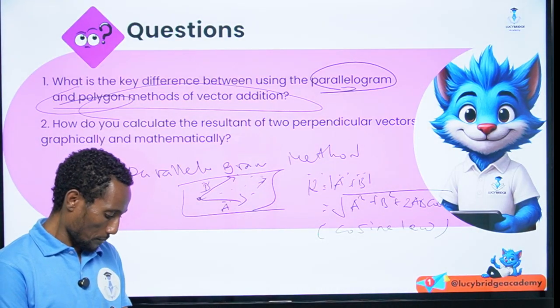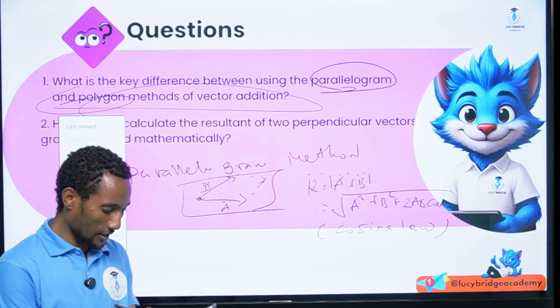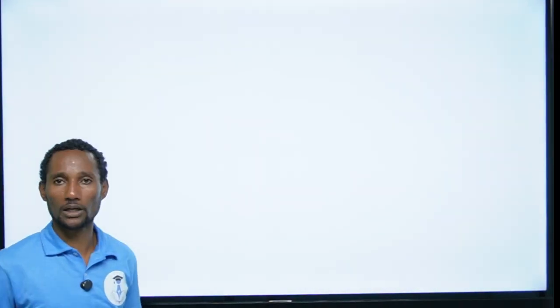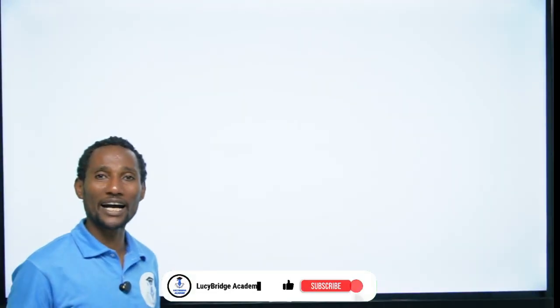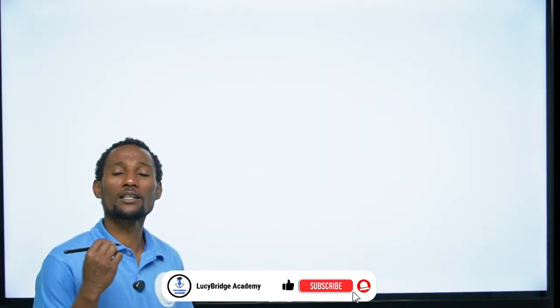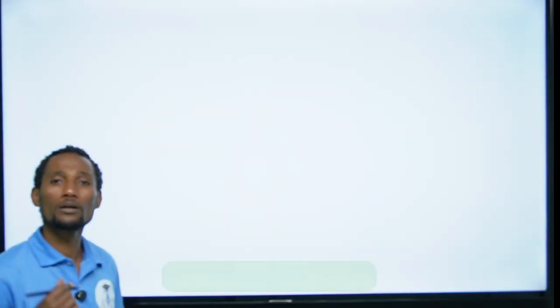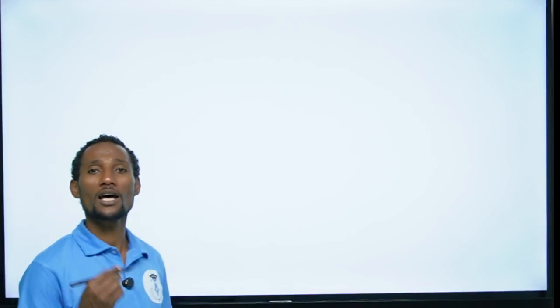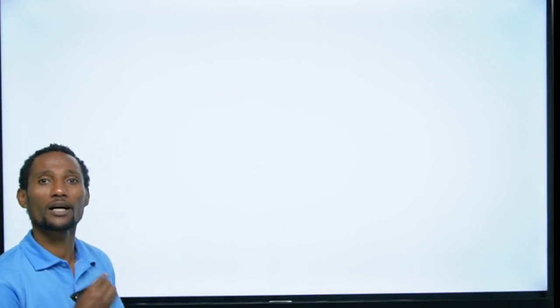Okay? So in this case, let's see a basic point about how we can calculate the magnitude of the resultant of two vectors using the parallelogram method, using the cosine law, which uses the Pythagoras theorem.